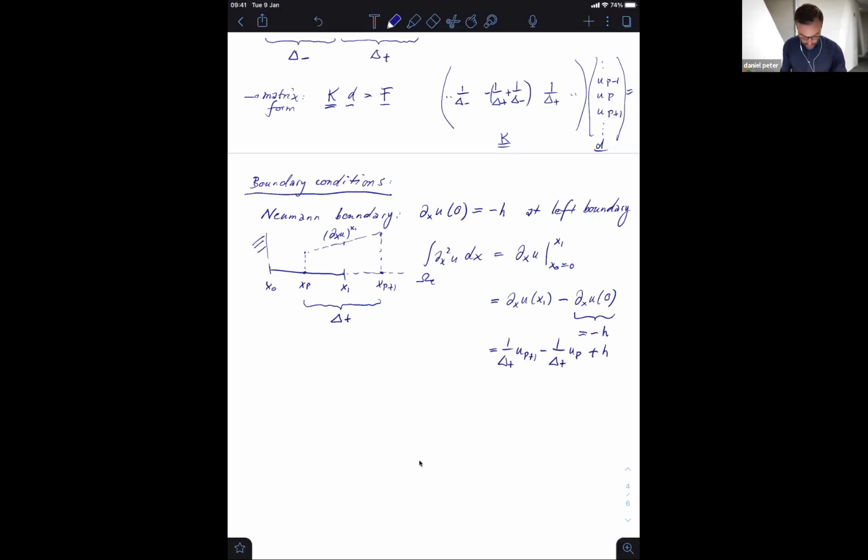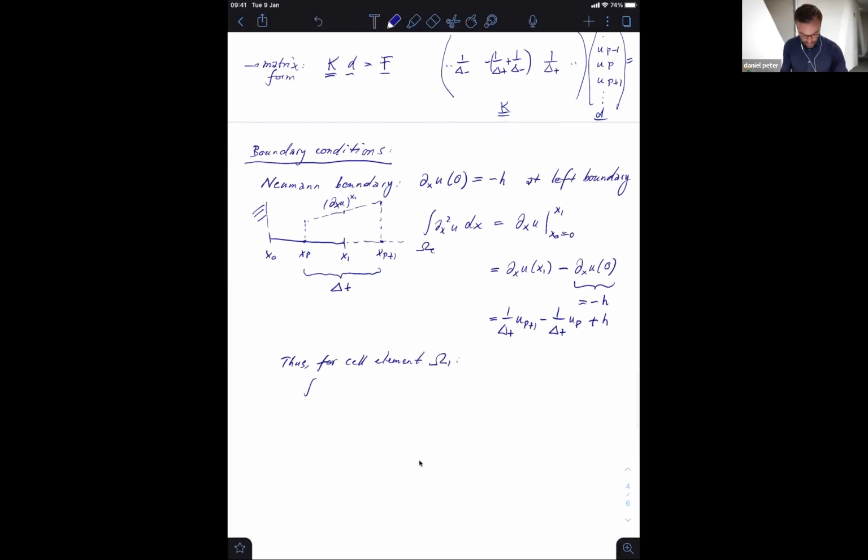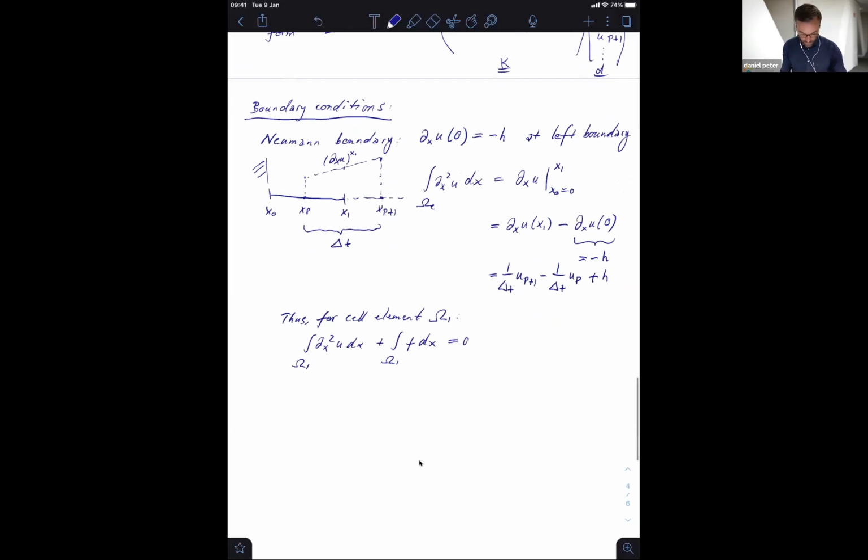So just to be very explicit, for this cell element, shall we call it our omega 1 cell? What we are looking for are these expressions for the diffusion term plus the force term equal to 0.